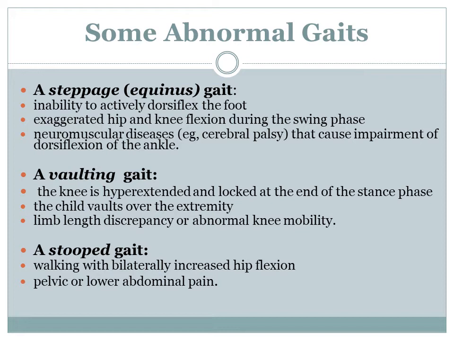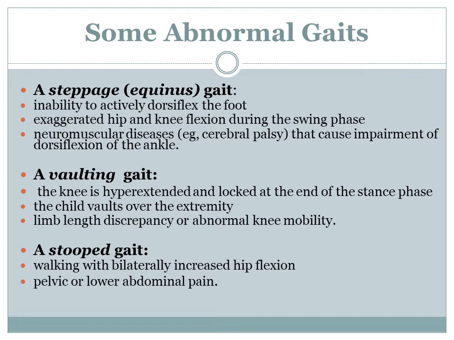And so the child moves with an extended knee, and in order for his foot to be cleared off the ground, he needs to vault or rotate his lower extremity over in order to be able to take an efficient gait. It happens in case of leg length discrepancy, or if there is abnormal knee mobility, especially a stiff knee in extension.